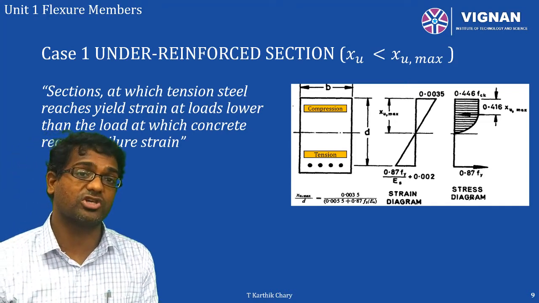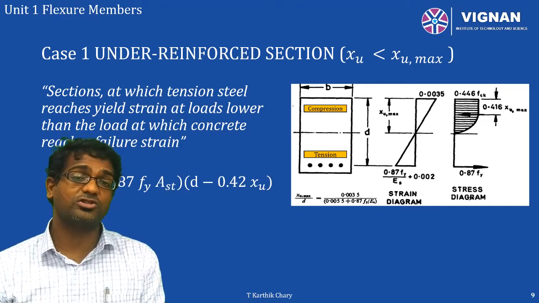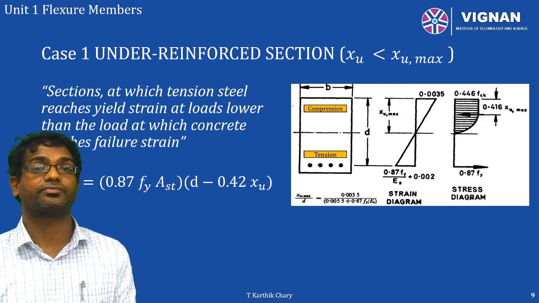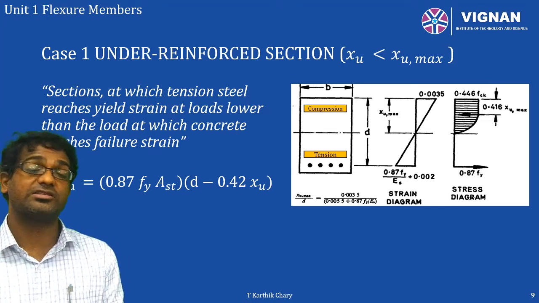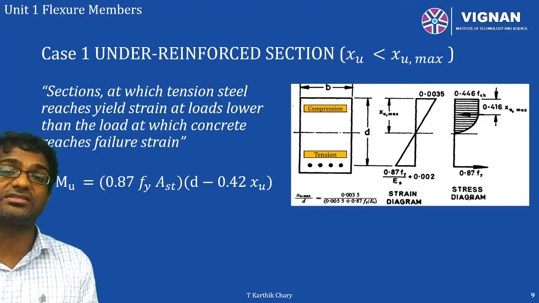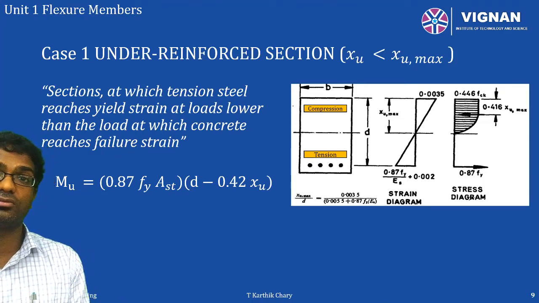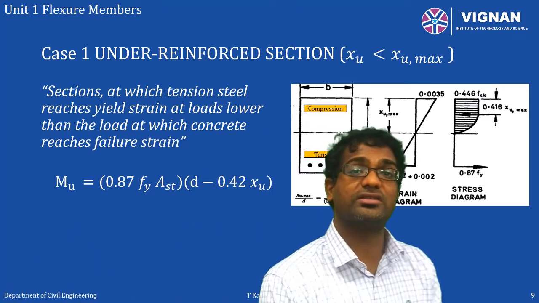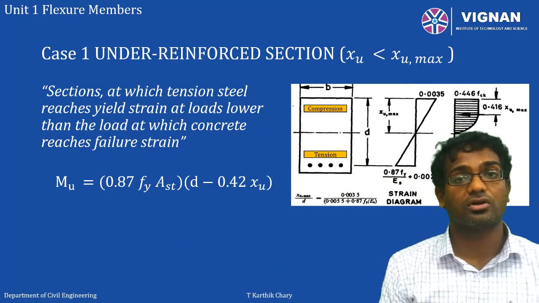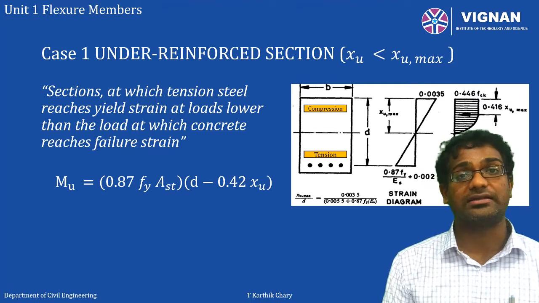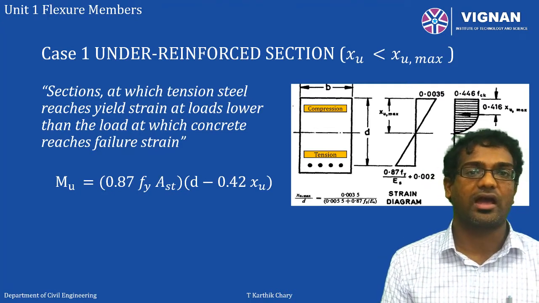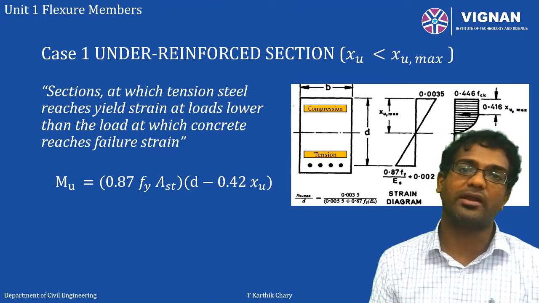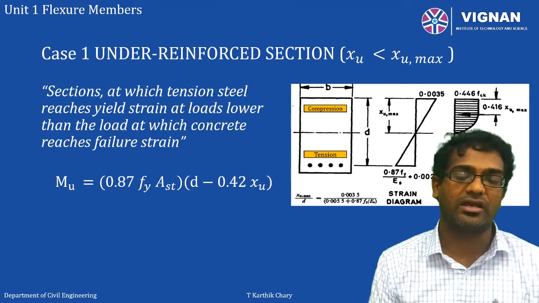So it is always ensured that an under reinforced section is chosen for all design purposes. Because the ultimate strain in the steel has been reached first, for calculation purposes, the moment of resistance of steel is taken.